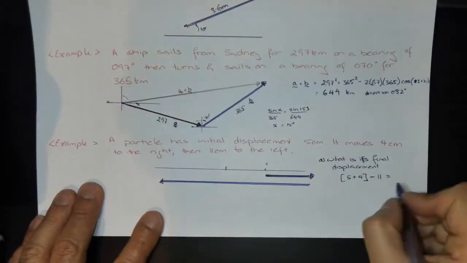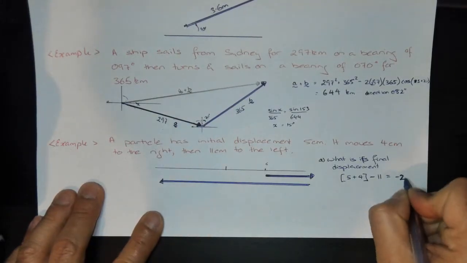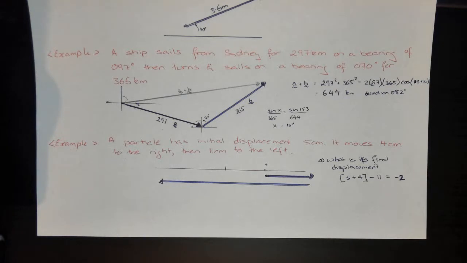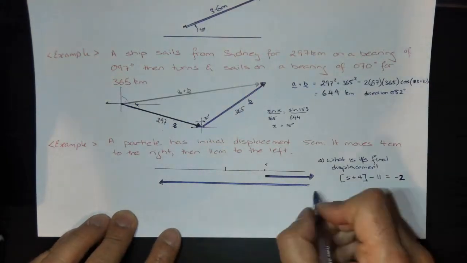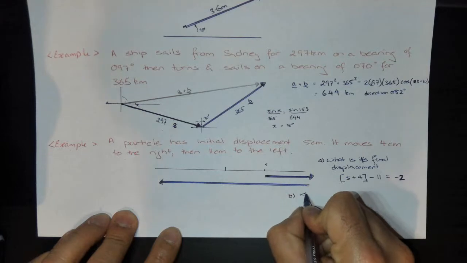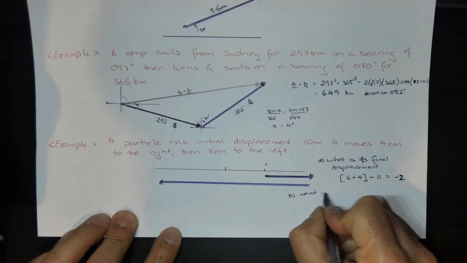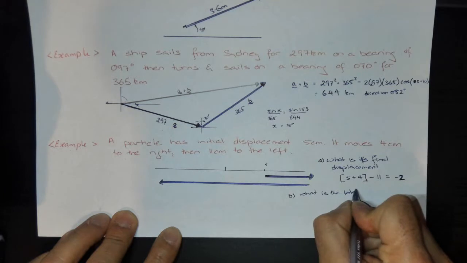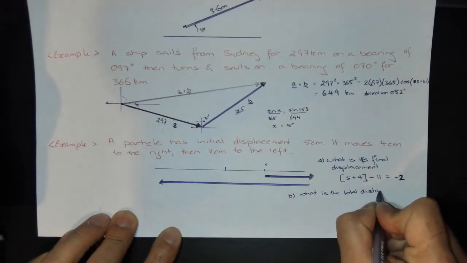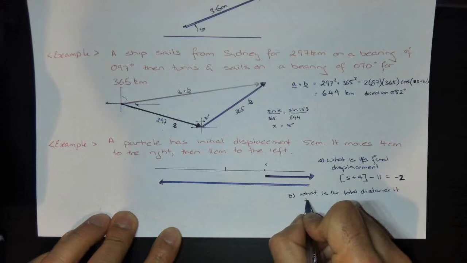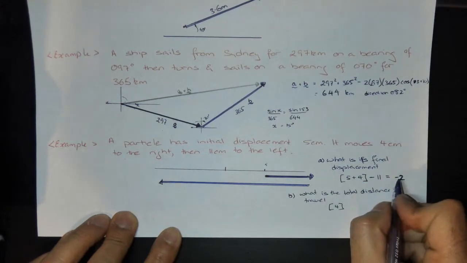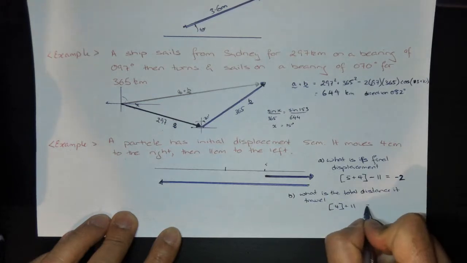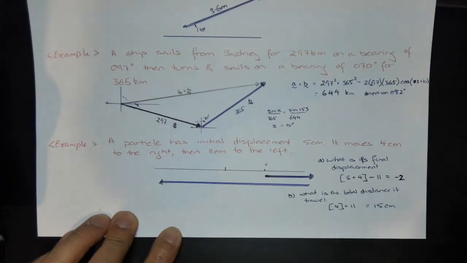So my final displacement is minus 2 units, or 2 units to the left from the origin. I could also ask, what is the total distance it's travelled? Well, that's just the 4 it travels to the right, and the 11 it travels to the left. So it's travelled 15 centimeters in total.